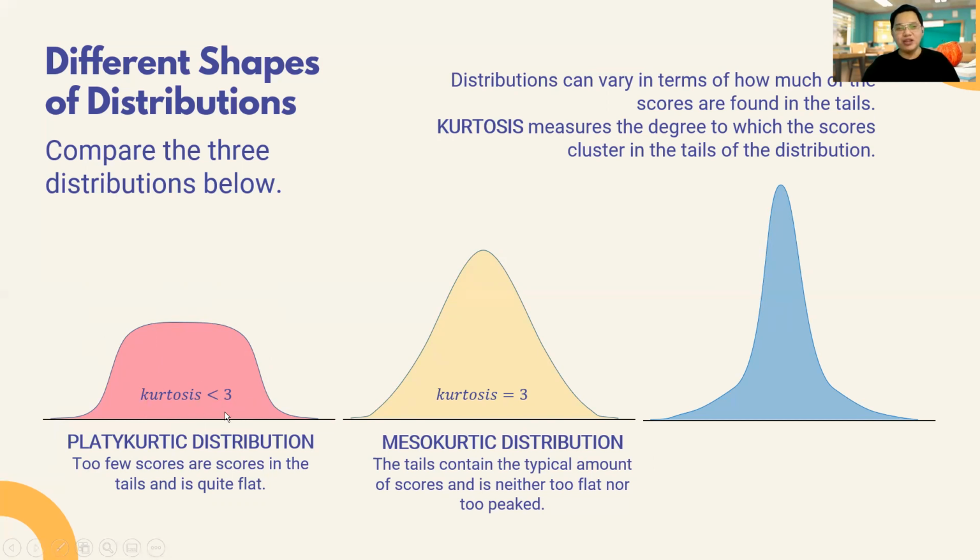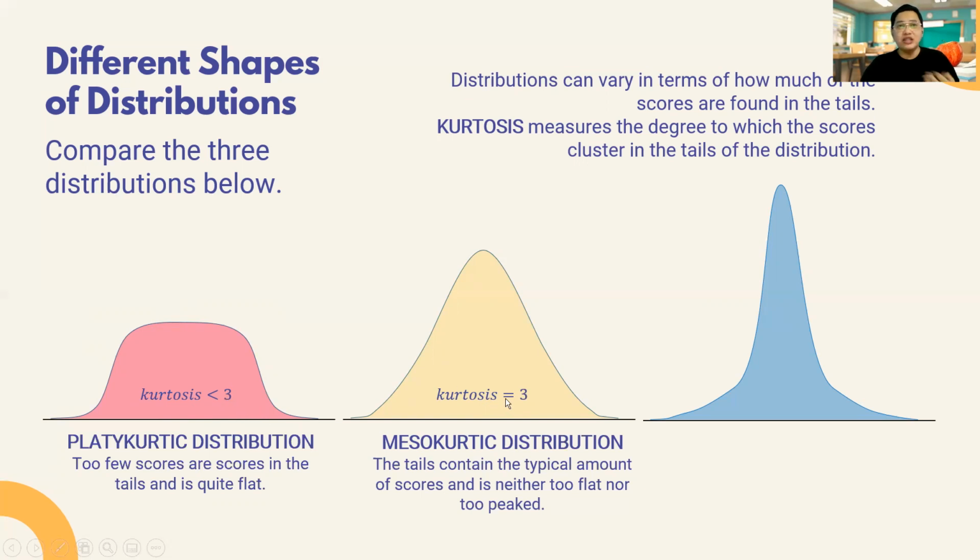Of course, like I said, we will not be computing these values, but I just want you to remember them. So when you go to more advanced statistics courses, you would be able to remember that we can base our interpretation, how we categorize distributions, on values that we can actually compute.